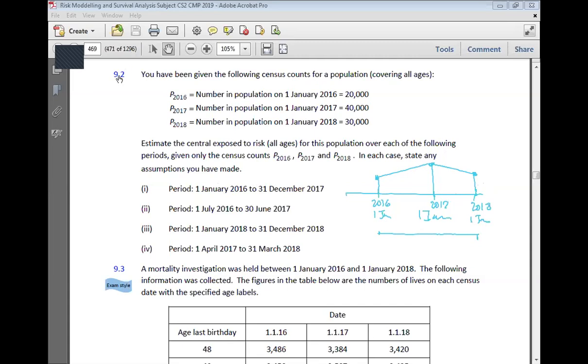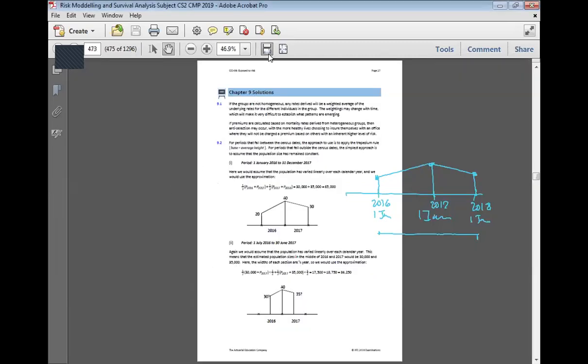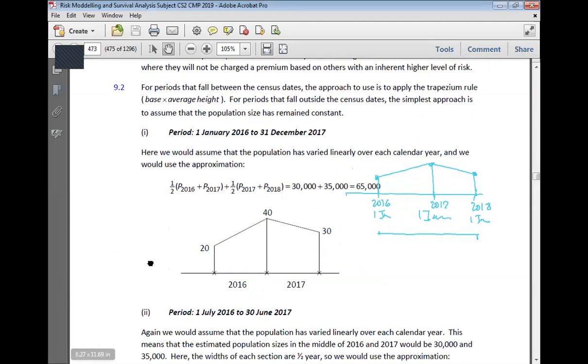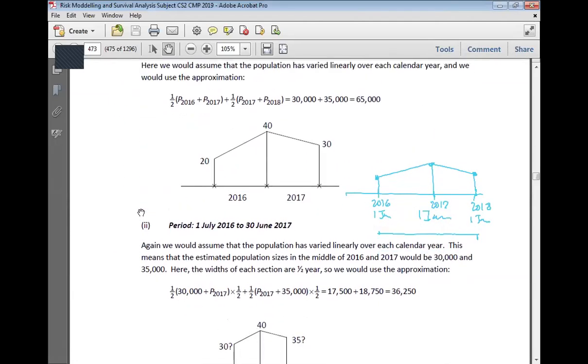So let me just go back here to the answers. Yeah, and if you see here, what they have done is 20, 40, 30. So 20 plus 40 and a half of that, and 40 plus 30 and a half of that. So now that is in total you are exposed to risk for these 2 years.